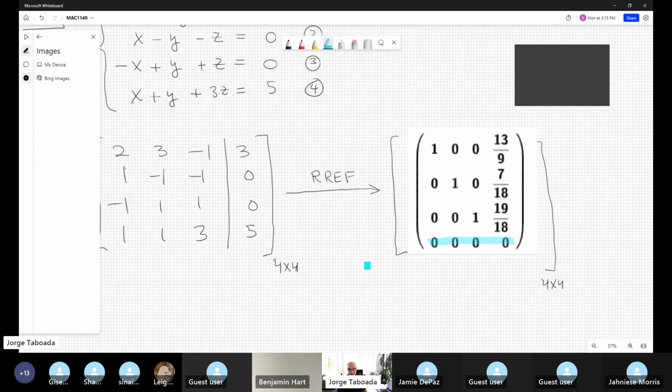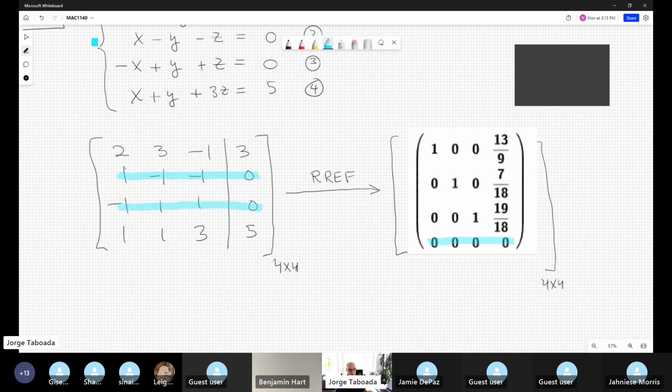What does that mean? That means the elimination process discovered that there are two equations that are dependent. And it's obvious, using my intuition. Look at that. It's not sophisticated. This equation and this equation are linearly dependent because if you take the second equation and multiply by -1, you get the third equation.